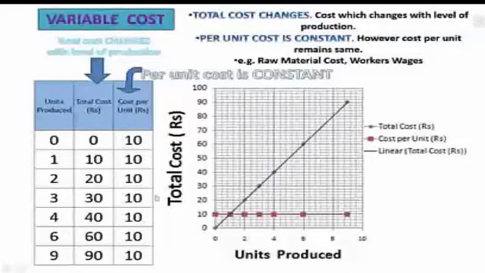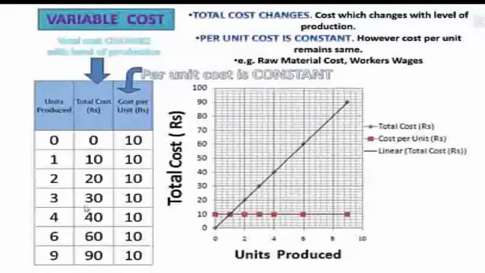The production was 2 units, total cost was 20. When production is double, that is 4 units, the total cost is 40 rupees. But if you calculate the per unit cost, which is total cost divided by units produced, per unit cost is 10 rupees, irrespective of production level.